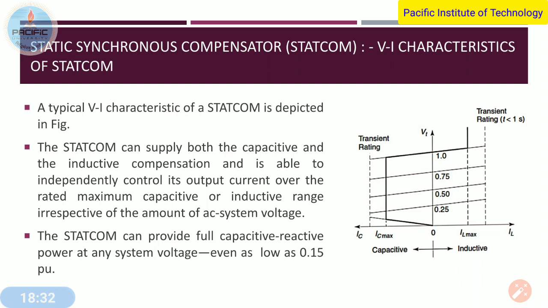Now, the STATCOM can provide full capacitive reactive power at any system voltage, even as low as 0.15 per unit. Here is the diagram of the VI characteristic of the STATCOM, showing the inductive and capacitive modes. On the left side there is the capacitive mode, and on the right side there is the inductive mode.